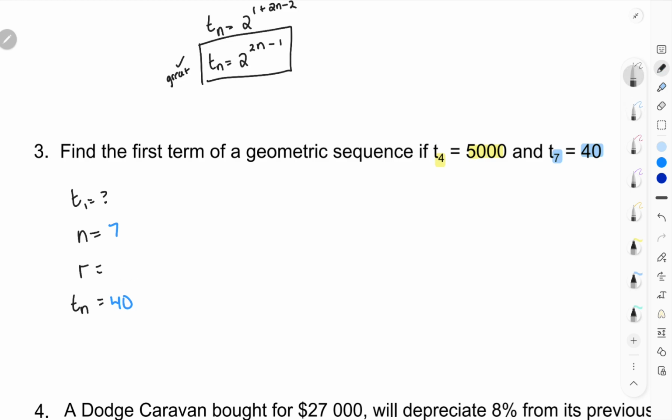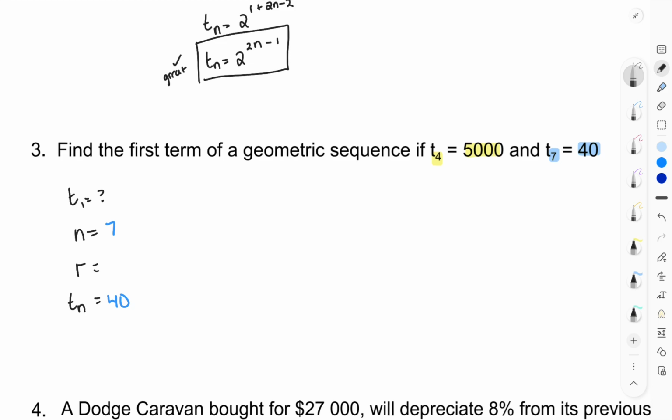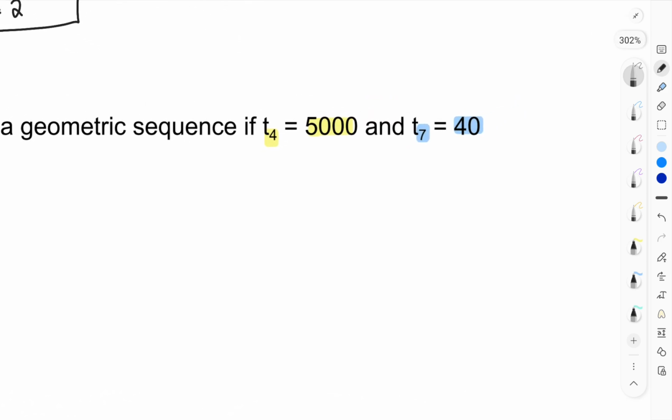But here I'm stuck because I need to find T1, so that has to be my unknown, but I also don't know R. So let's think about the difference between these 2 things. If I know my 4th term is 5,000, there's term 5, there's term 6, there's term 7.